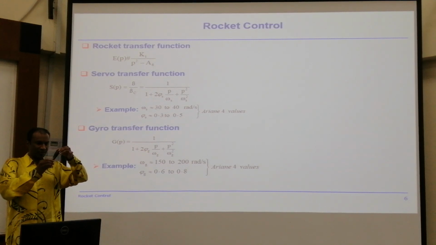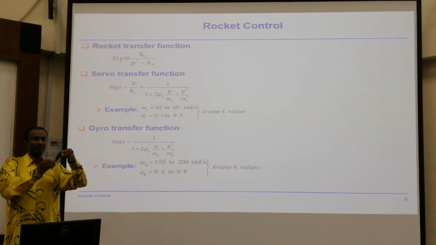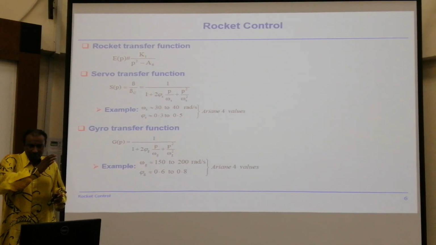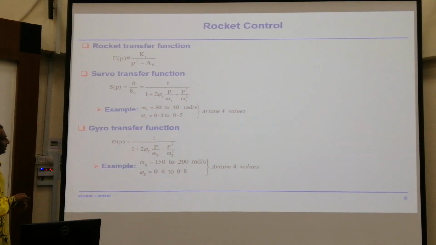Let's say I need to move here. The servo will go straight, then stabilize, with little overshoot. That means there's a movement like that. So zeta is 0.3 to 0.5, typically. I use phi here. And 30 to 40 radians per second is the actual frequency of servos for Ariane.